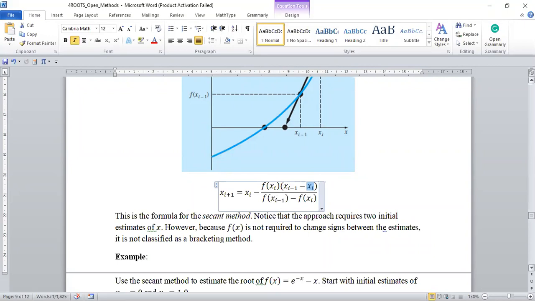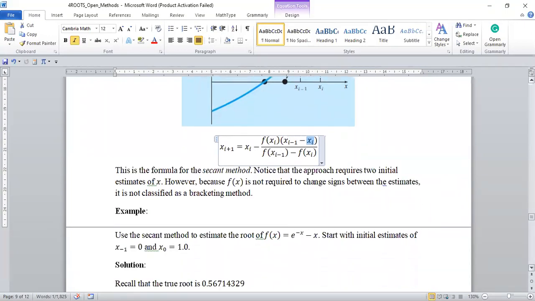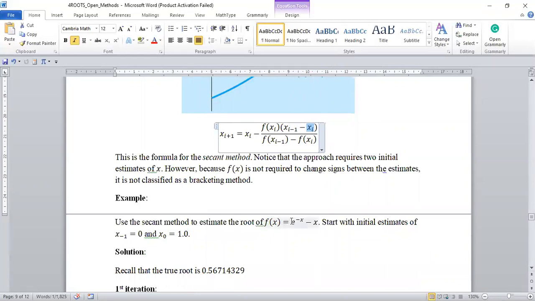You're going to be given two guesses or two estimates. So let's go to the same example, but now we have two guesses. So x minus 1 is this, and x when i is 0 is this.